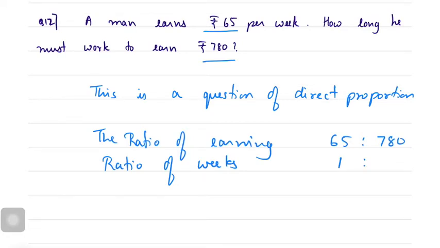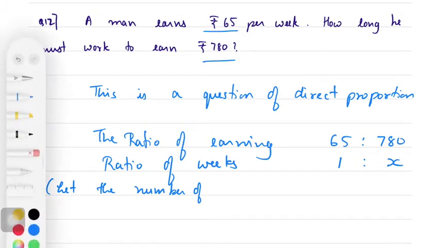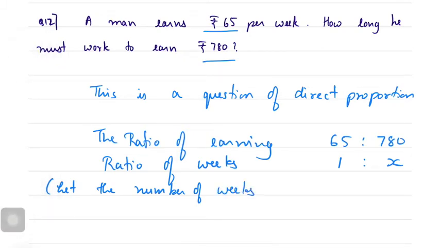To earn 780 you don't know how many weeks, so I will write it as X. Okay, let the number of weeks to earn rupees 780 be X.